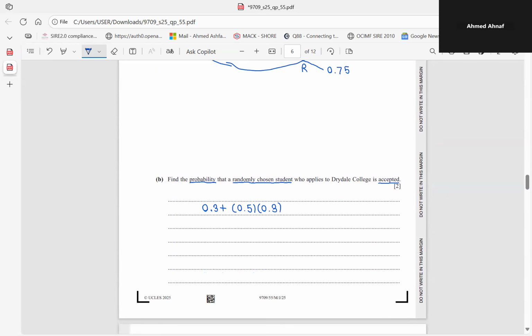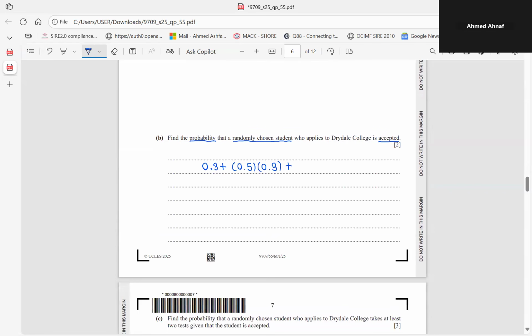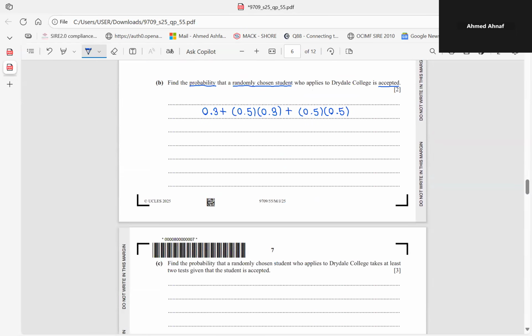Then the probability of getting accepted after a third test is 0.5 times 0.5 times 0.25. Add all these three probabilities up and you get 41 over 80. So this is our final answer for this part. Let's head on to the next.